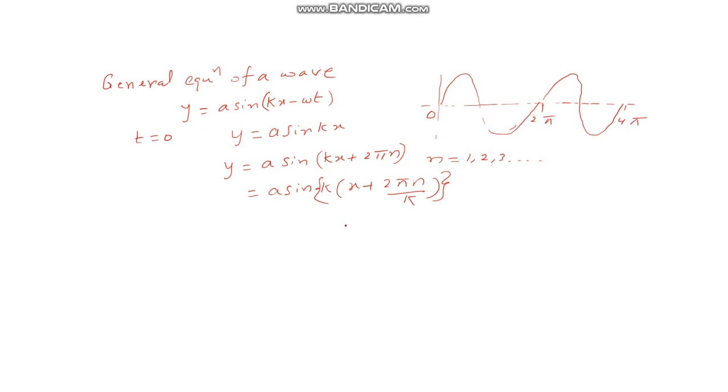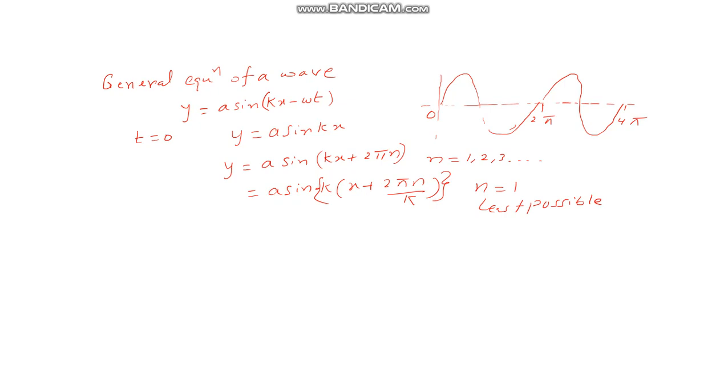Now you know that in this expression, if I put n is equal to 1, that is the least possible value. N has to be an integer. It cannot be a fraction.